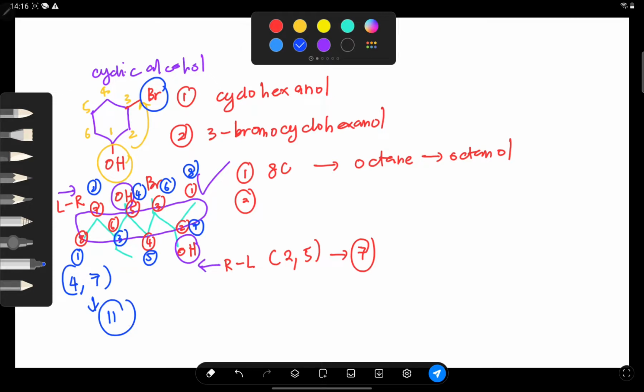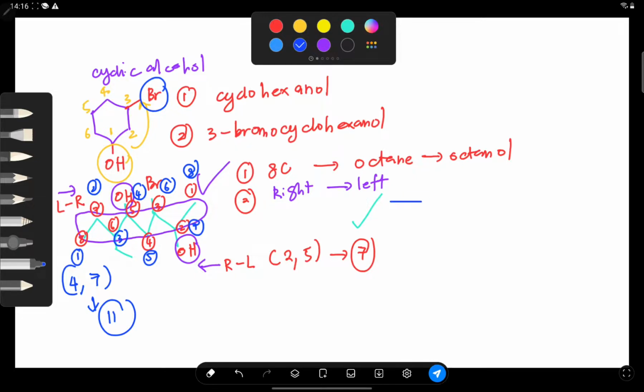So we choose the value which is lower. So we choose this one. You need to count from right to left because you want to get the lower set number. If you count from here, then you will get the location of bromine at location number 3.